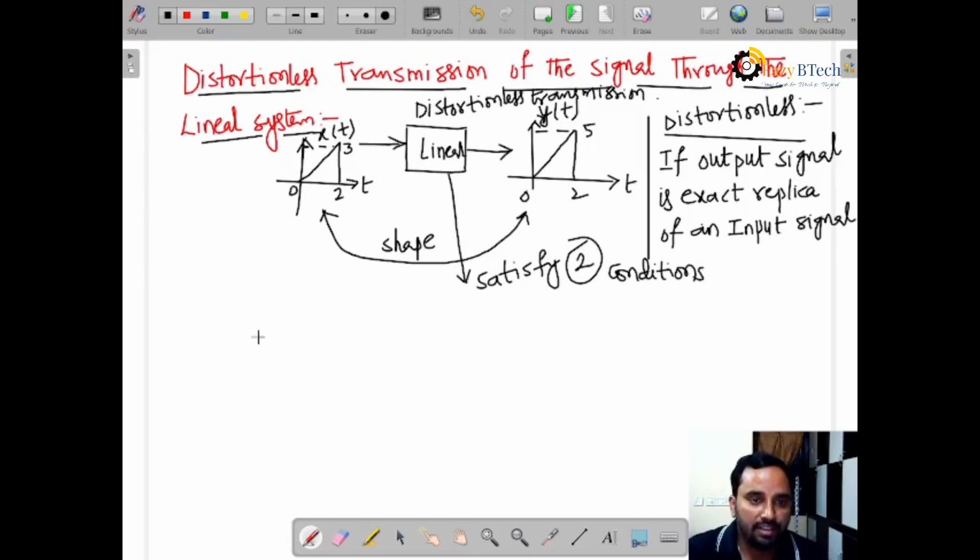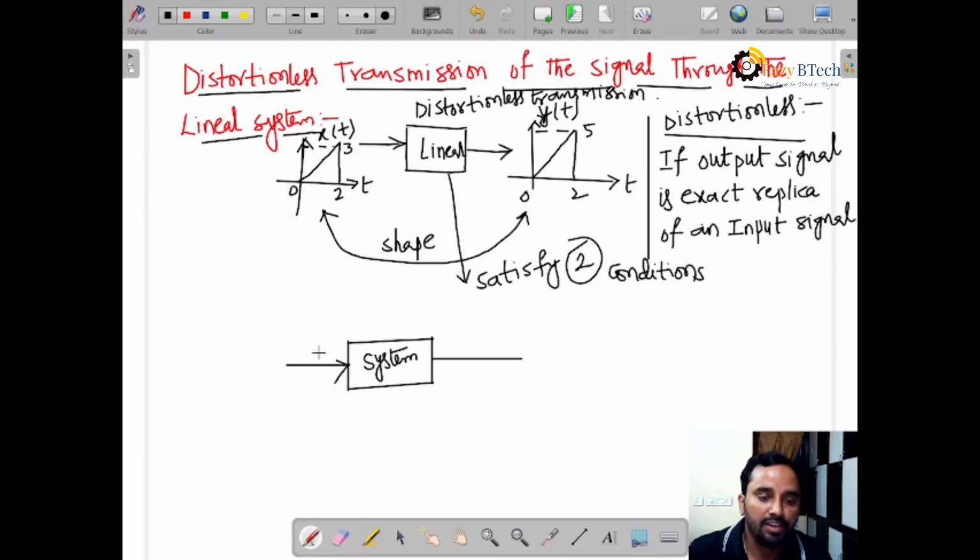So let's consider the figure again, the same as above. Let's take the input signal x of t and the system. Okay. So this is the system, the input signal is x of t, and the output signal is y of t.